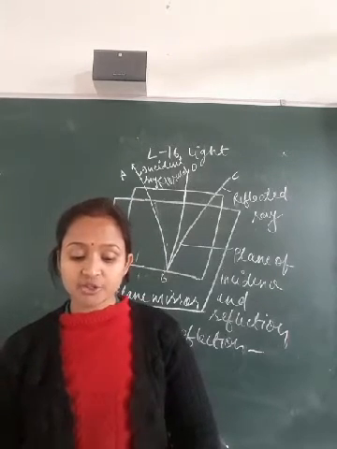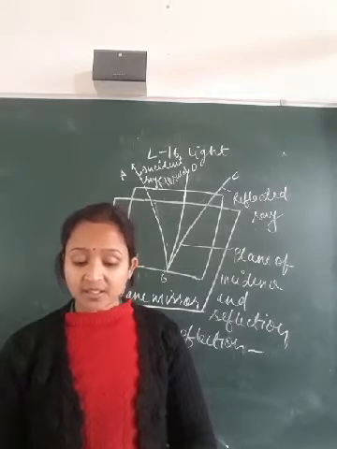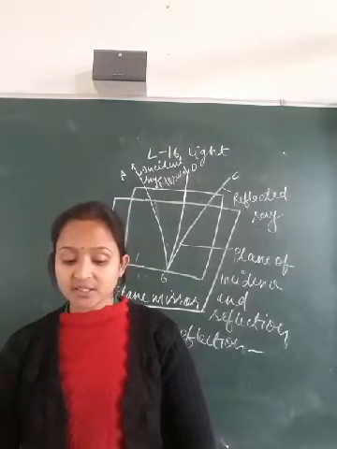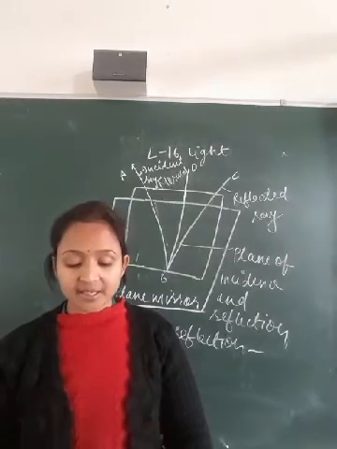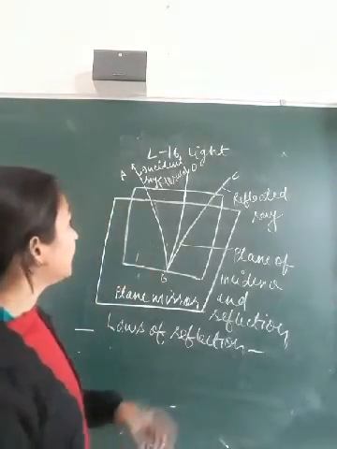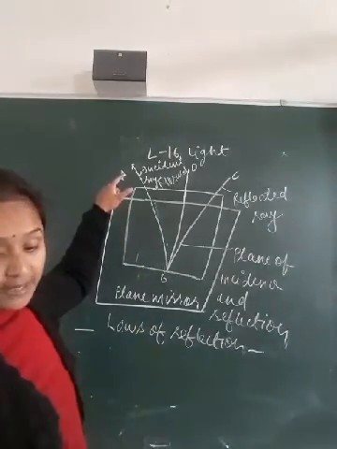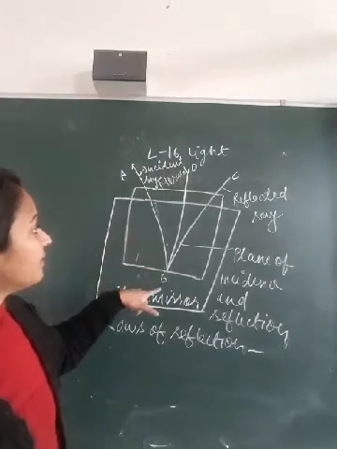What is the law of reflection? The incident ray, the reflected ray and the normal at the point of incidence lie in the same plane, and the angle of incidence is always equal to the angle of reflection.